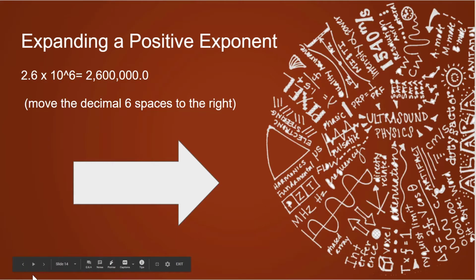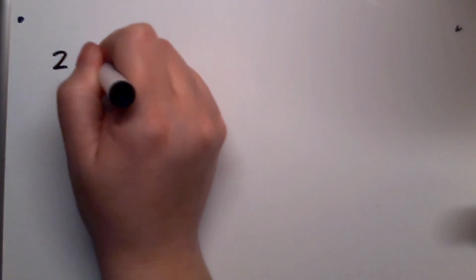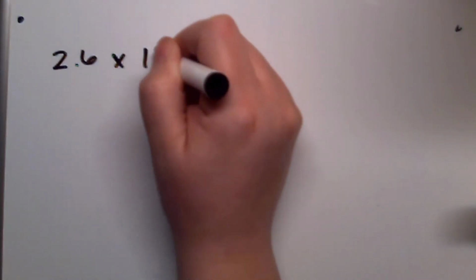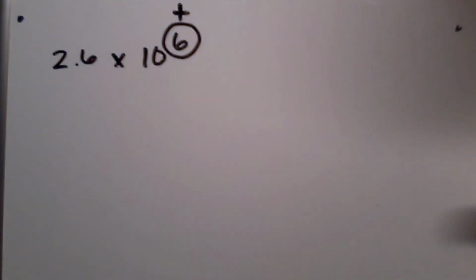So let's take a look at an example here. We have 2.6 times 10 to the 6th equals 2,600,000. All we need to do is basically move that decimal point over 6 spaces. So let's look at that again. We've got 2.6 times 10 to the 6th. This is a positive exponent.